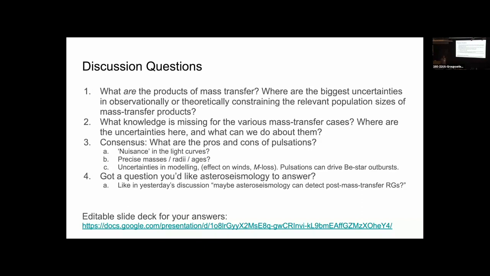Just a comment on that comment: we also have to remember that in theory we're always relying on theory that does not always account for various effects like winds, mass loss, and so on, in regard to how they affect pulsations.